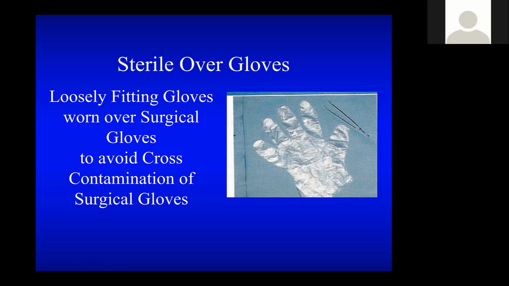I use them for impressions when I use rubber-based materials, because if they come in contact with latex gloves, it affects the setting. So I wear them over my examination gloves, and then I mix impression materials. It's difficult to grip anything with this. So I think the better option would be to wear an autoclaved examination glove over the pre-sterile glove.